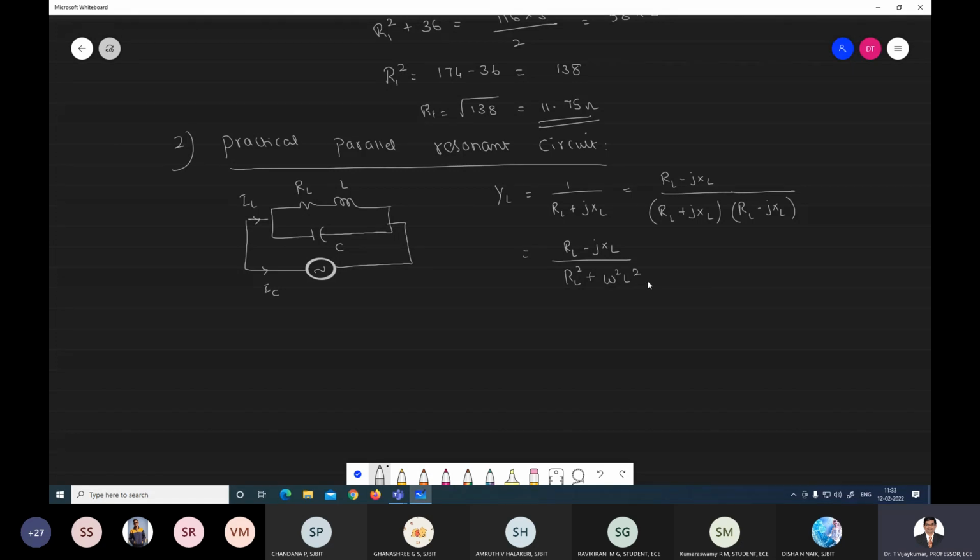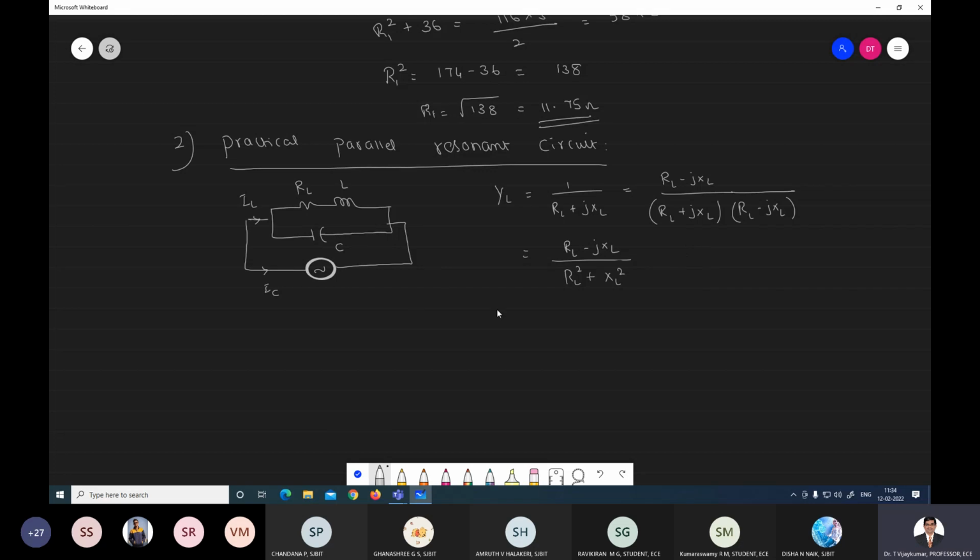We did this in the previous one. I'll write it only as XL square. RL square plus J square, which is minus 1, minus minus plus, therefore this becomes only XL square. This is YL.